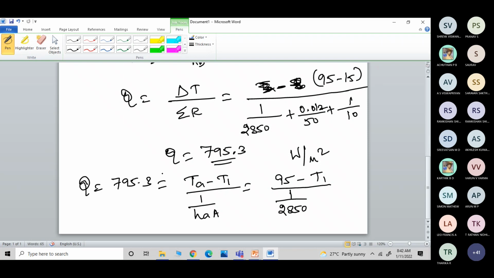Now from this equation find out what is T1.